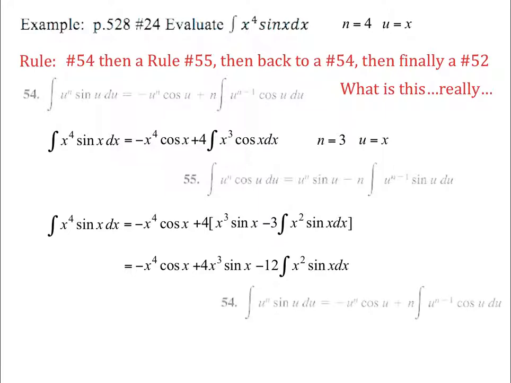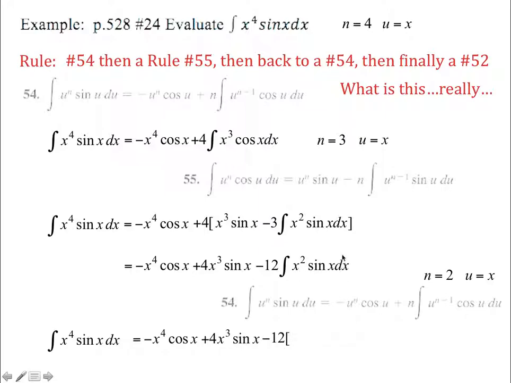So now we're back to a rule 54 because we're back to x to a power times sine. So we had to come back to 54. Now our n is 2, our power is 2, and our u is still x. And so now we have this from the first integration and that from the second integration.